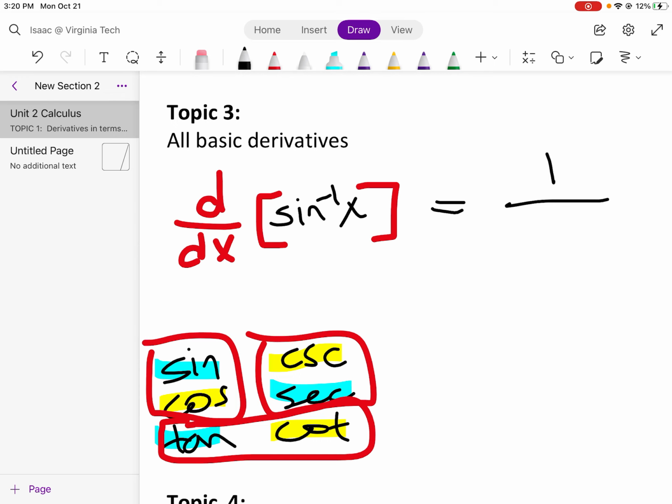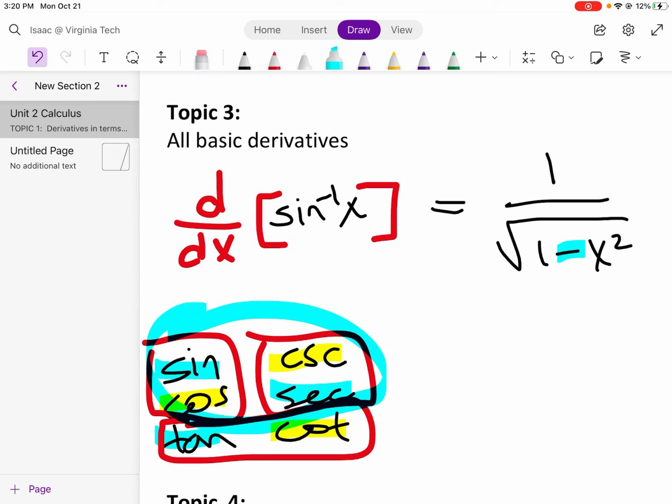It's something that looks a little bit not super fun. You just have to memorize it: 1 over the square root of 1 minus x squared. Little hint, for all of these top 4 right here, it's always going to be a minus in there. So that's what arc sine is.